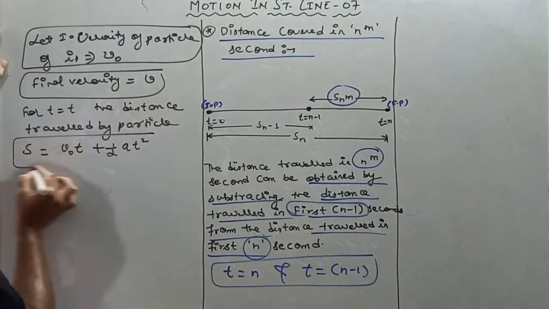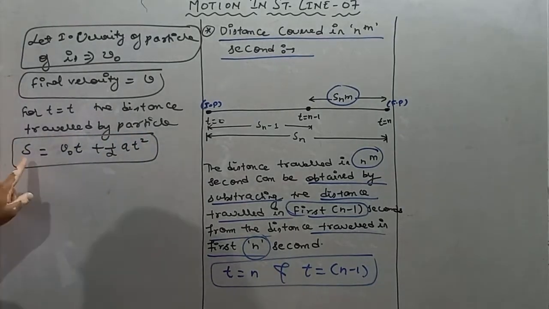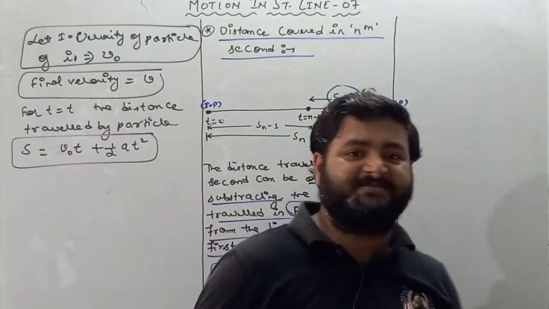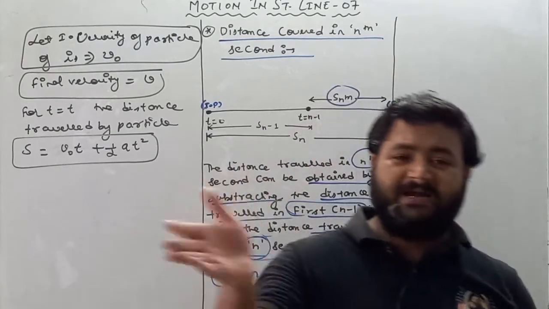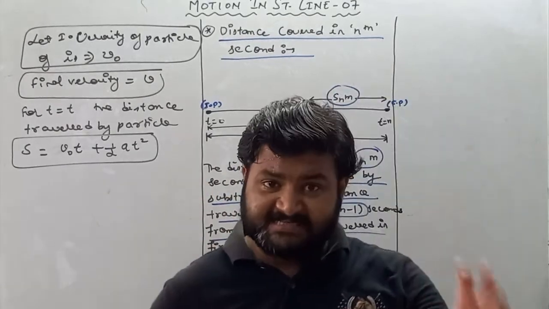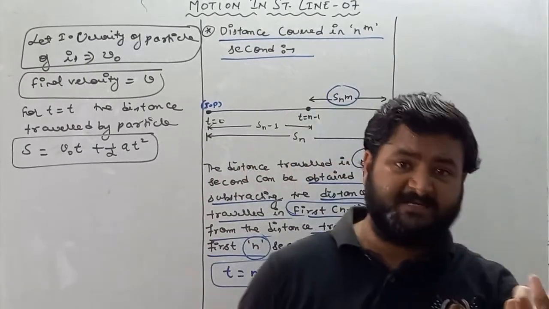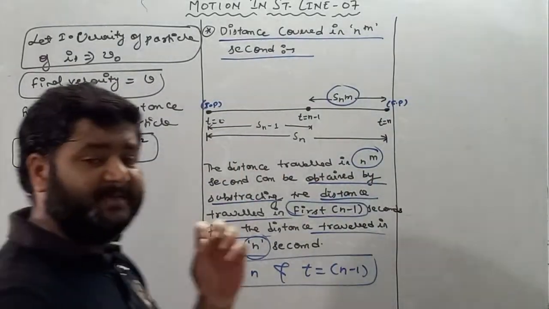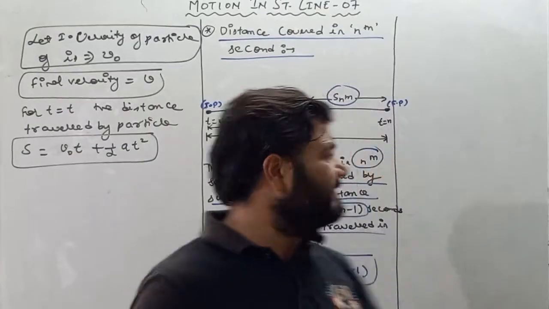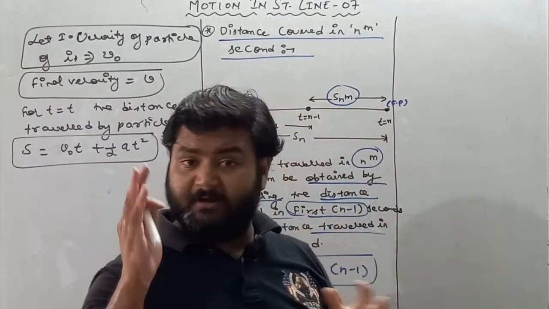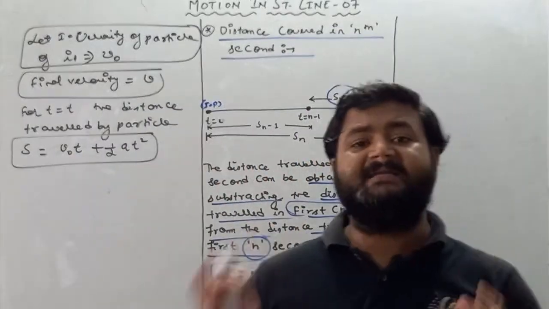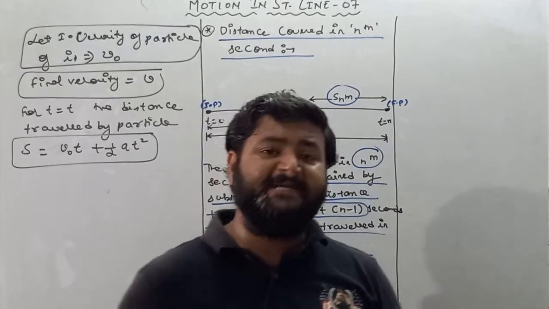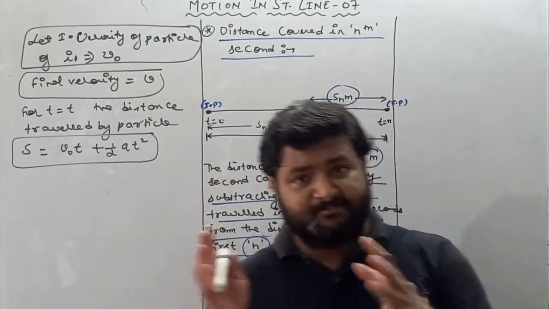This is nothing but, see, actually why I am saying that this is now distance, because the particle is moving in a straight line, and we know that if a particle is moving in a straight line, then the magnitude of displacement and distance must be the same. That's why I use this s to be distance. We already discussed that if a particle is moving in a straight line, then magnitude of displacement and distance must be the same.